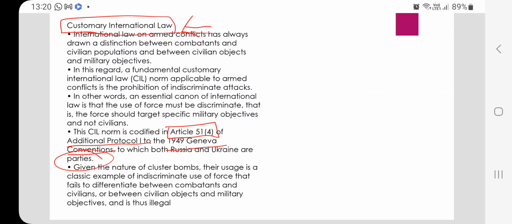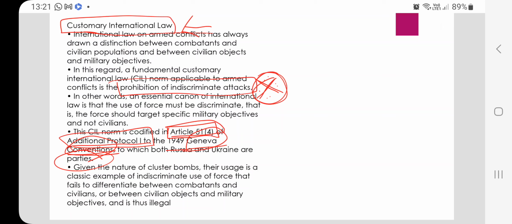This set of conventions was adopted after the Second World War. Under this article, there is a provision which says the prohibition of indiscriminate attack. According to Additional Protocol 1, a very important point is the prohibition of the indiscriminate use of attacks. It doesn't matter whether you are party to it or not. It applies universally to every country. Is that clear?